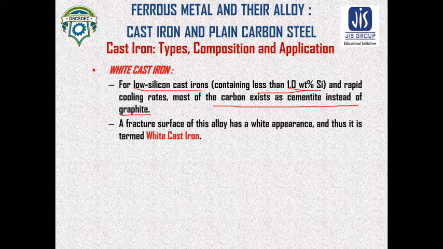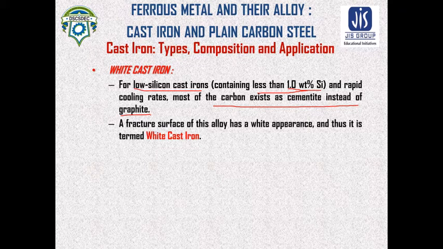Now, if the amount of silicon is very low, that is less than 1% silicon, it is low silicon cast iron. In low silicon cast iron, due to the high cooling rate, what happens? The carbon exists in the form of cementite in place of graphite. So here graphite is not present.